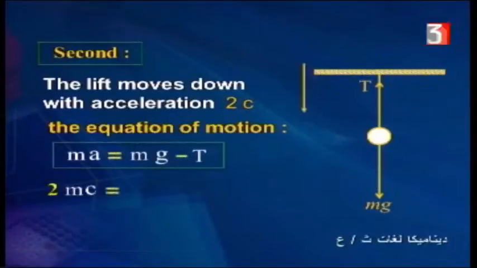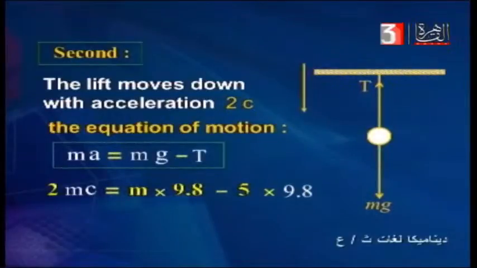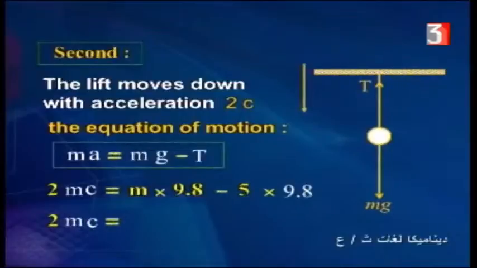Then 2mc equals m times 9.8 minus 5. 5 is the reading of the scale in this case, 5 kilogram weight multiply 9.8, then 5 times 9.8 in Newton unit. And 2mc equals the bracket m minus 5 multiplied by 9.8, and this equation is equation number 2.